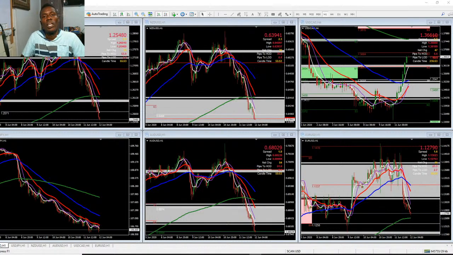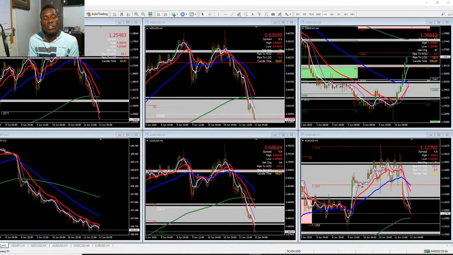For me personally, my style of trading is risk on and risk off. If we are in a risk off scenario, we have 3 major currencies that tend to get strong, or the demand for those currencies tends to gain some strength. So we have the Swiss franc, the yen, and the US dollar.